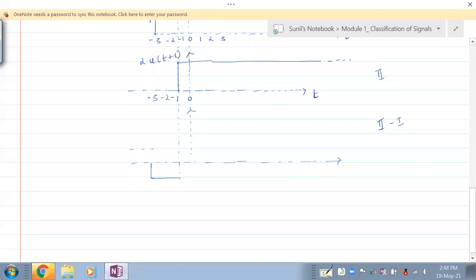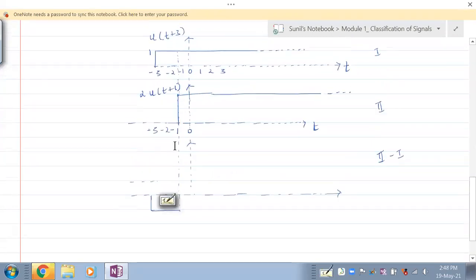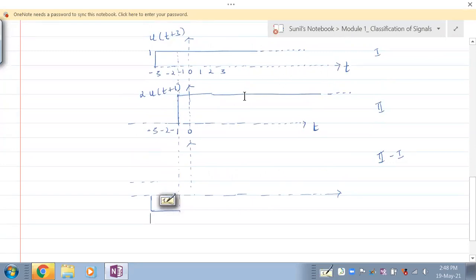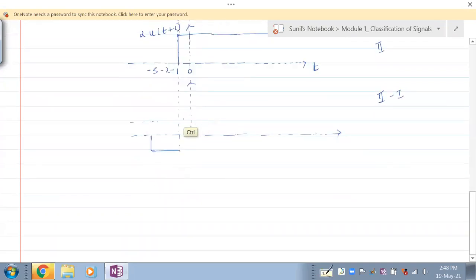Okay, from minus 1 to infinity, this is 2 and this is 1, so we are performing 2 minus 1. So what is 2 minus 1? That will give us a signal which looks like this.